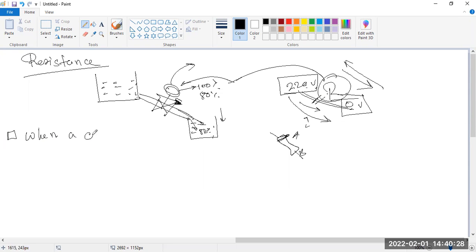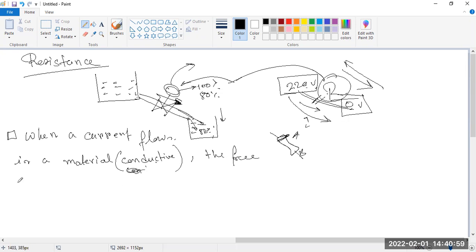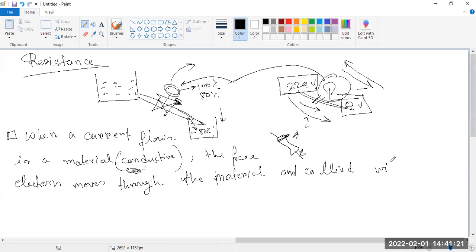So when a current flows in a material, of course a conductive material, conductive means it may be a conductor and also a semiconductor, the free electrons move through the material and collide with atoms.